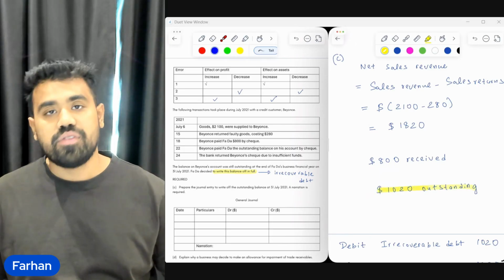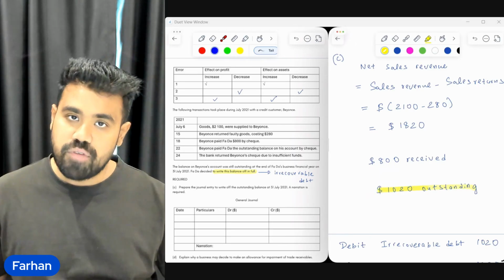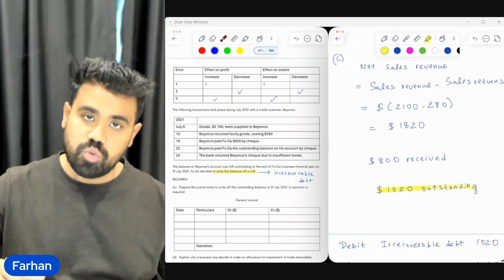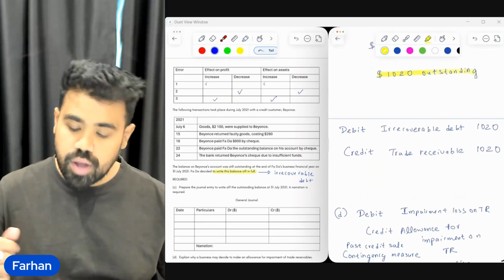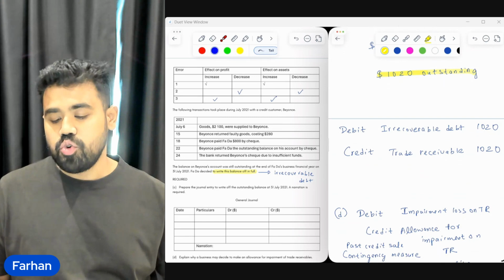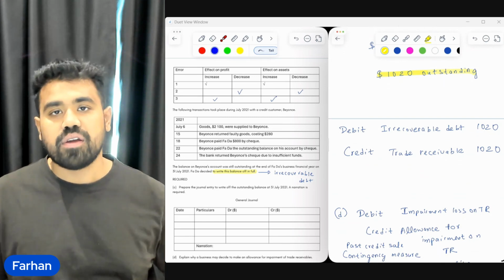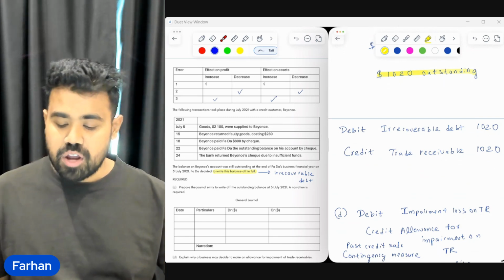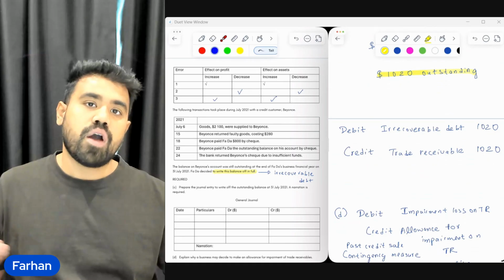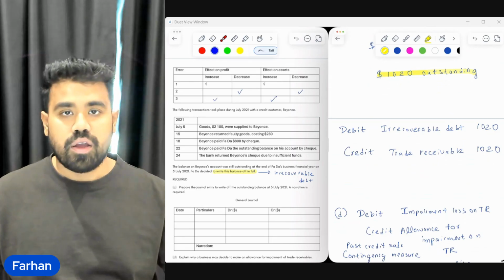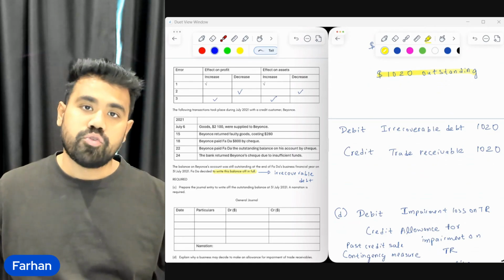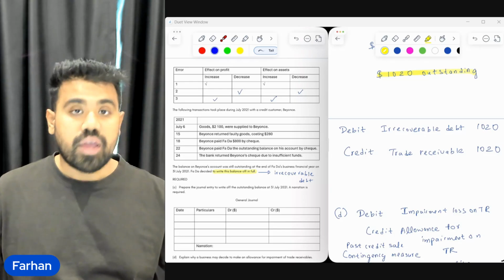If FADA decides to write this off at the end of the financial year as an adjusting entry, at 31 July 2021, FADA has to recognize that an expense has been incurred. The expense has been incurred because FADA is suffering a loss on this transaction, which they sold on credit and are now unable to recover the money. So there's a loss in economic benefit.